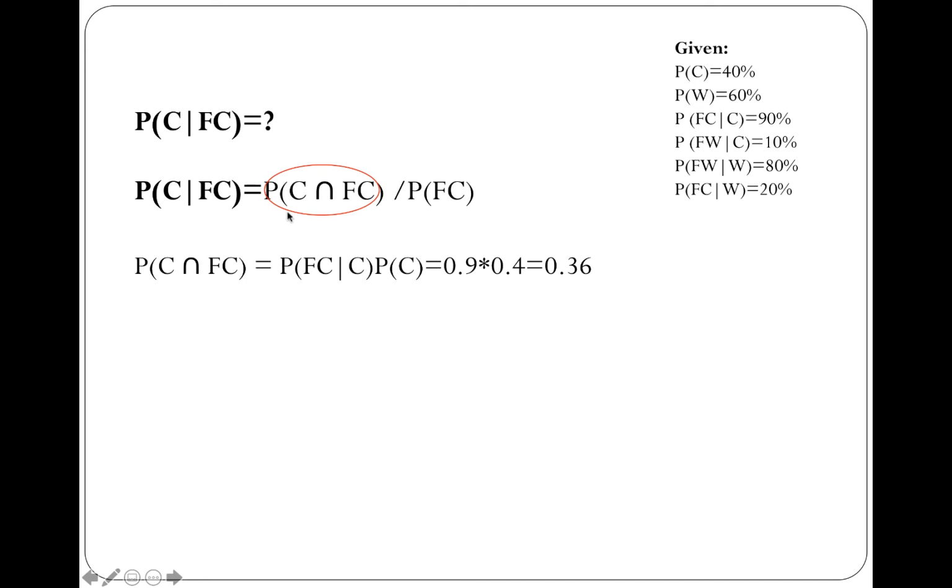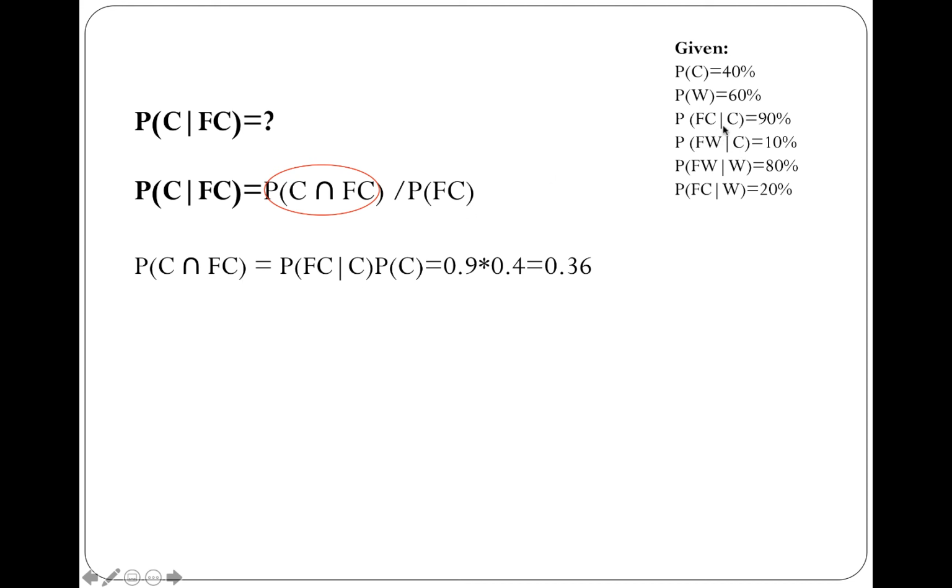So I got the intersection probability that I have in the numerator, and I tried to rewrite it, but this time I rewrite it based on the conditional probabilities that I already have in the problem statement. So instead of writing this as the probability of C conditional on FC, I'm writing it as the probability of FC conditional on C. Why?